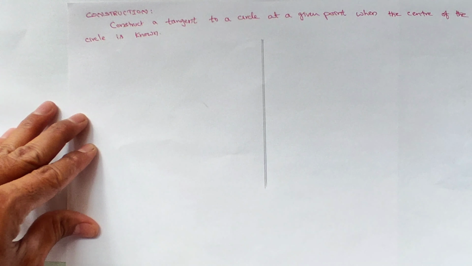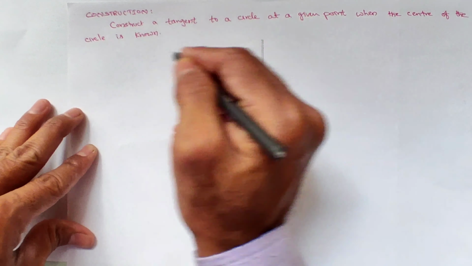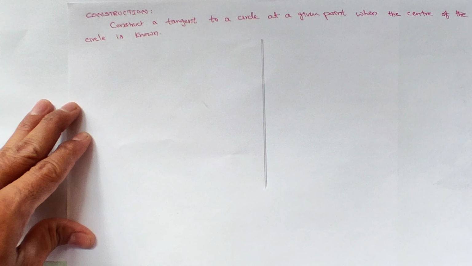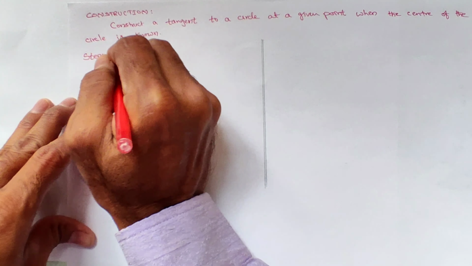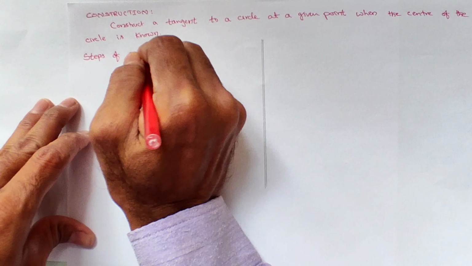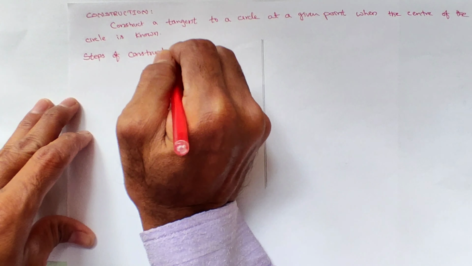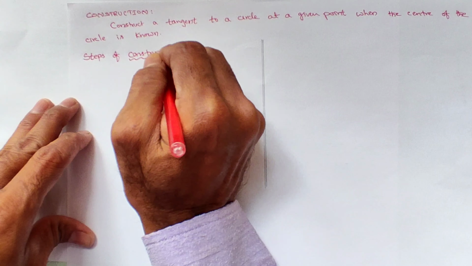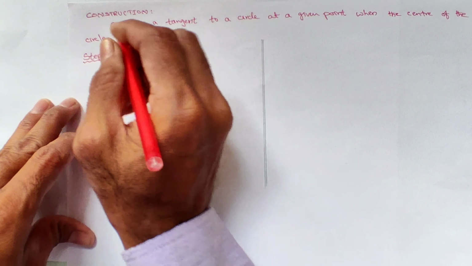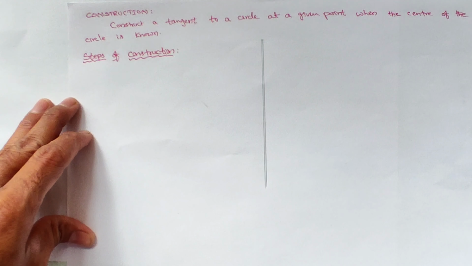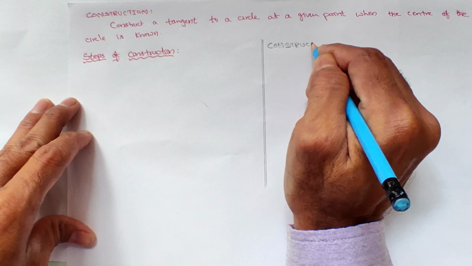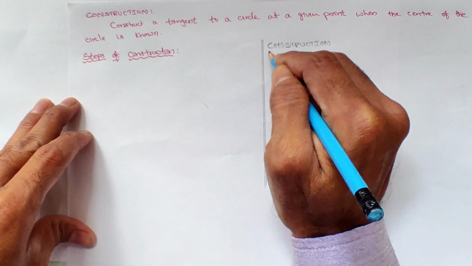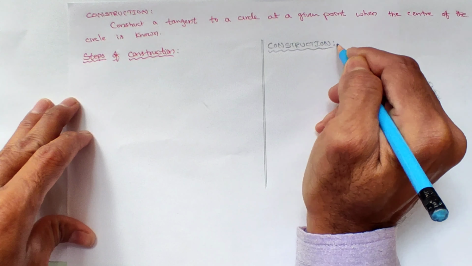This side is for steps of construction, so let us write steps of construction here, and this place is for construction. Right.